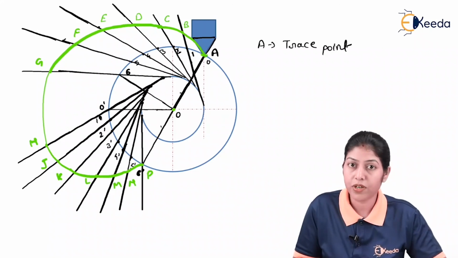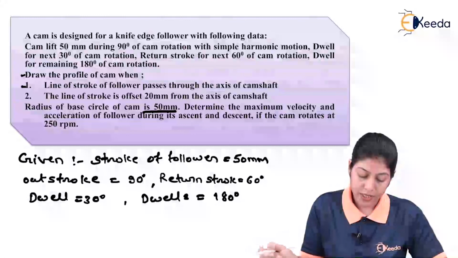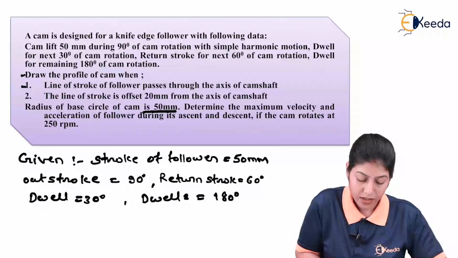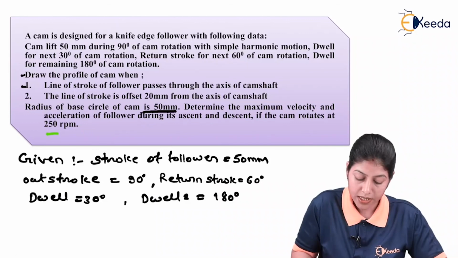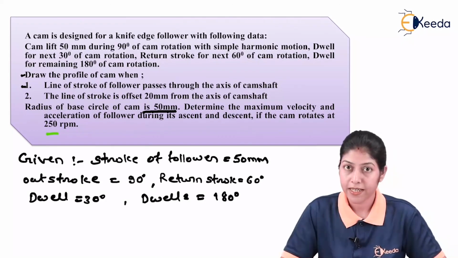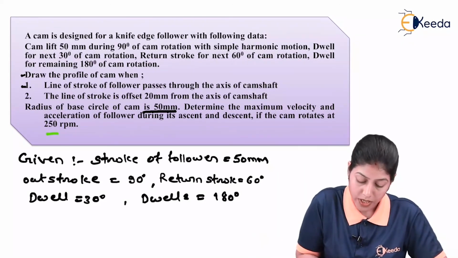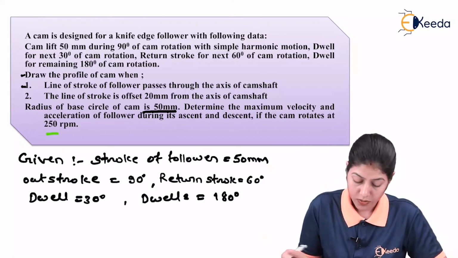Now here we have to determine some terms. So it is given here, radius of the base circle and offset distance are given, and the cam is rotating with 250 rpm. So we need to determine the maximum velocity and acceleration for the follower for ascent and descent, or we can say outstroke or return stroke.